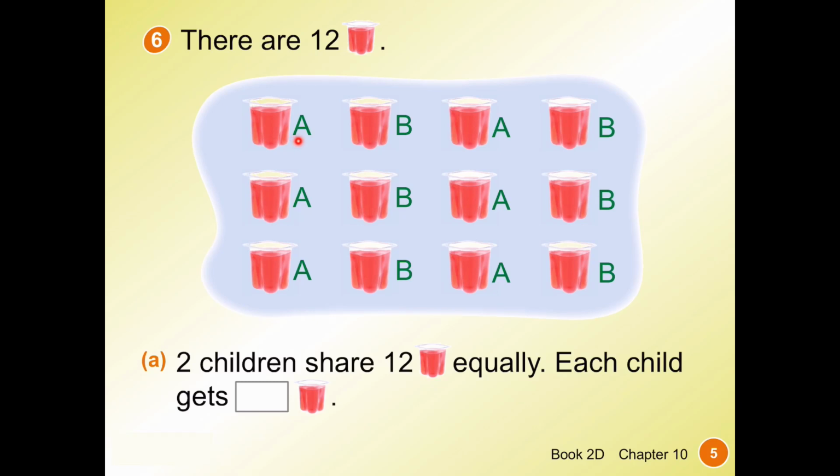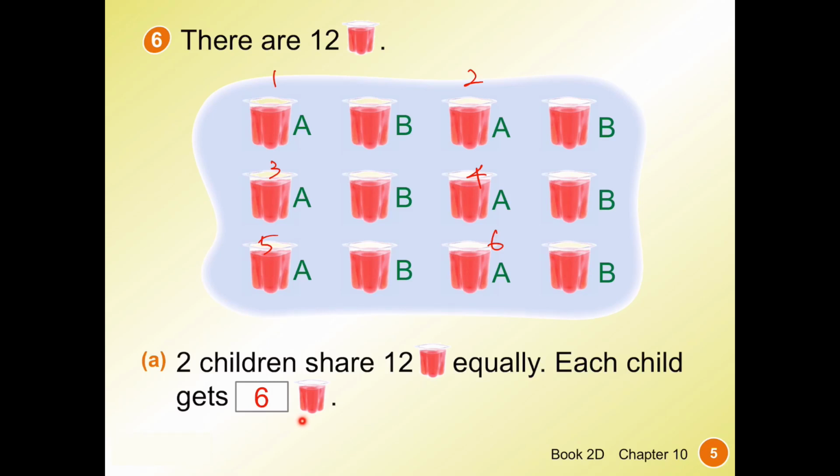So we'll put down A, B, A, B, A, B, and so on. And then we'll try to count the number of As. So here we have 1, 2, 3, 4, 5, 6. We have 6 As here. So A represents 1 child. So that means each child gets 6 cups of Jell-O.